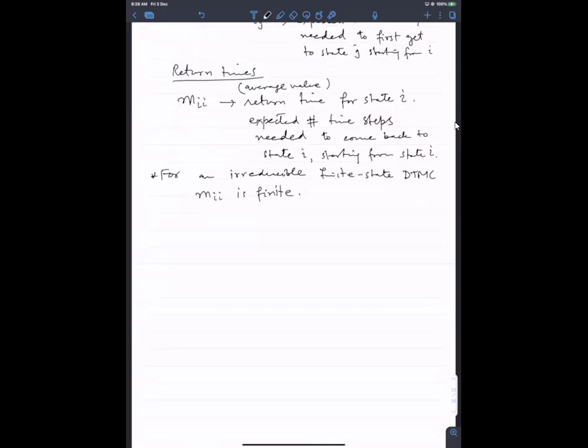We can also show, this is another theorem, that Mii is equal to 1 over pi i, where pi i is from the stationary distribution.